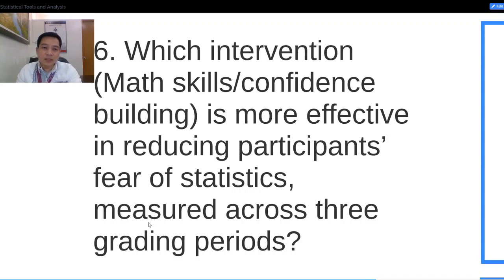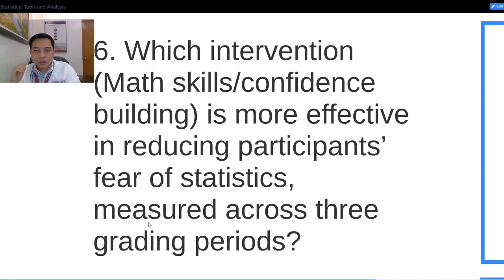This implies there are two groups of participants here. Then the next question, how many tests were given? The test here is the testing variable, which is the fear of statistics. That is the test that was given among the participants.